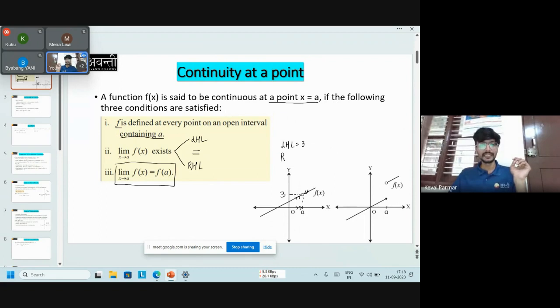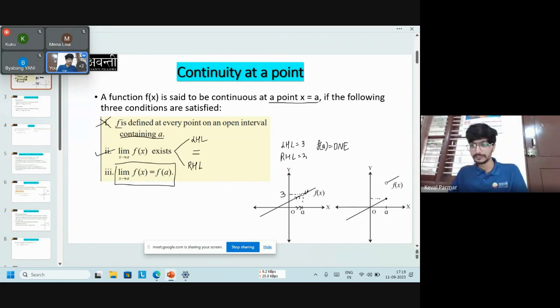The right hand limit is also equal to 3. This is satisfied. But as you can see, at exact a, we have a hollow circle. That means the functional value at a does not exist, and if it does not exist, the first condition is violated. That means this function is not continuous, which we can easily see from the graph, as we have seen in the previous slide.